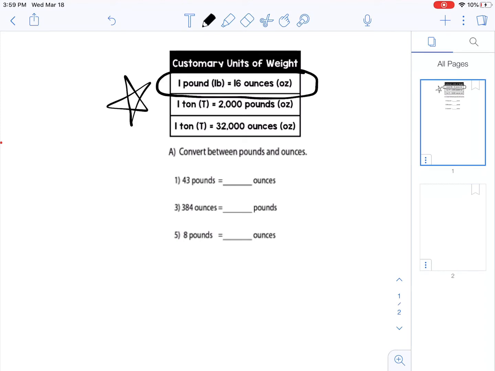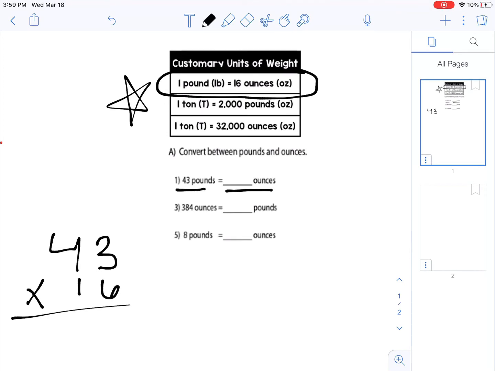So if we start out with 43, we have to think to ourselves, are ounces going to be a larger number or a smaller number than 43? Well, we know for just 1 pound there's 16 ounces. So I know that we will have to take 43 times 16 to find our answer.